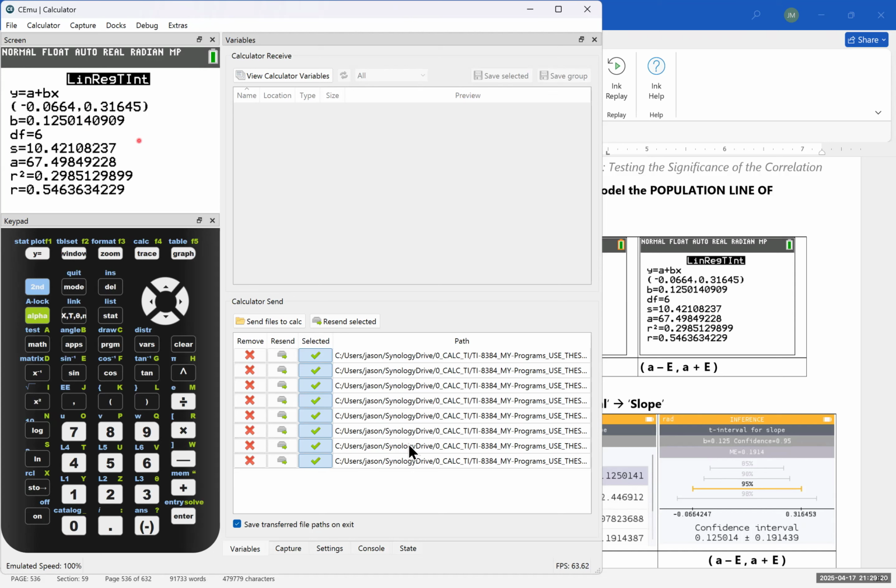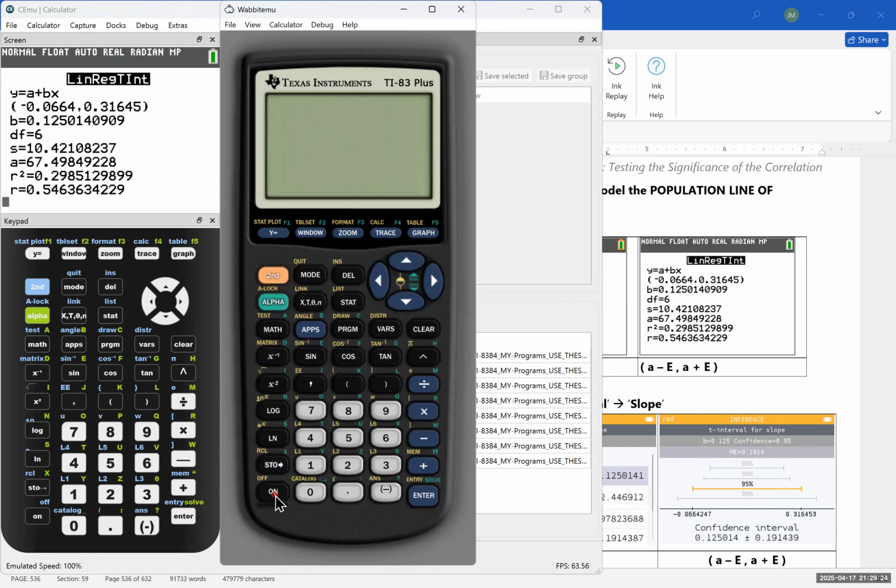Let me just quickly port over to the old Texas Instruments calculator, the TI-83, just to show my custom program. If this will turn on. There we go. Let me make sure I put the values in. Yeah, I put the values in the list editor.